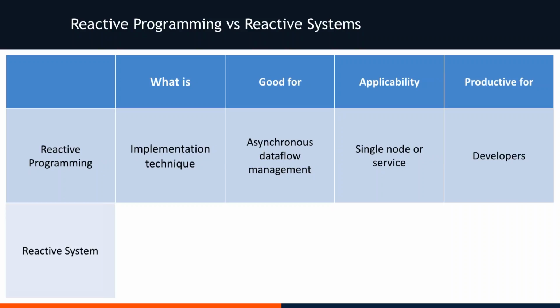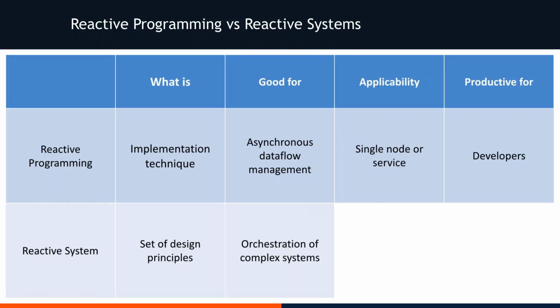Reactive systems, on the other hand, are a set of design principles that are good for orchestration of complex systems. So think about data consistency, cross-node communication, coordination of components, failure management, and the separation of concerns and responsibilities, and so on.